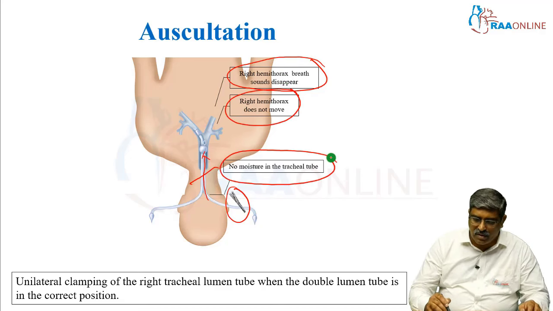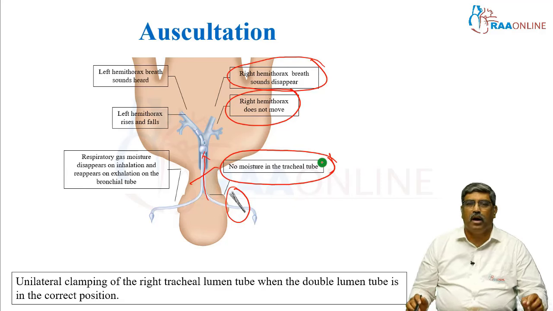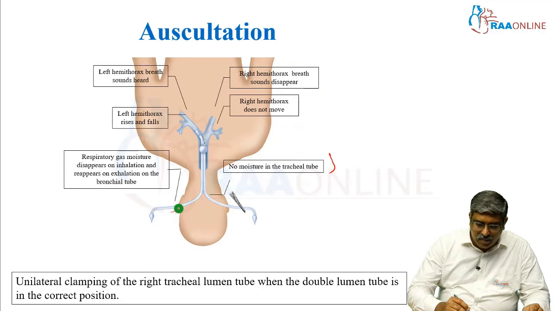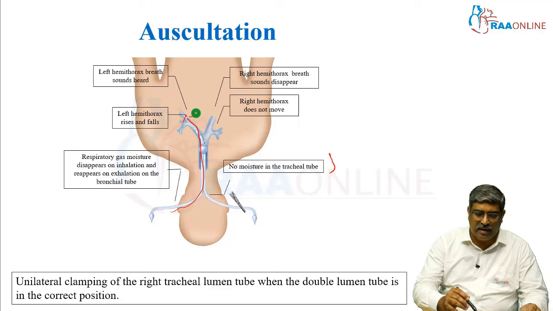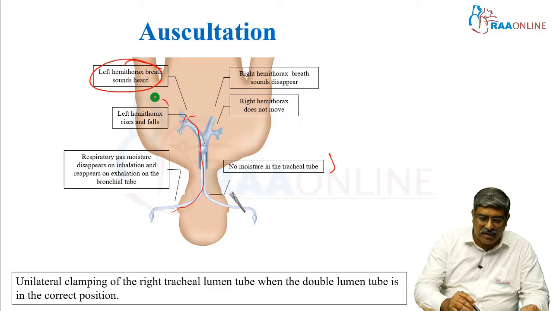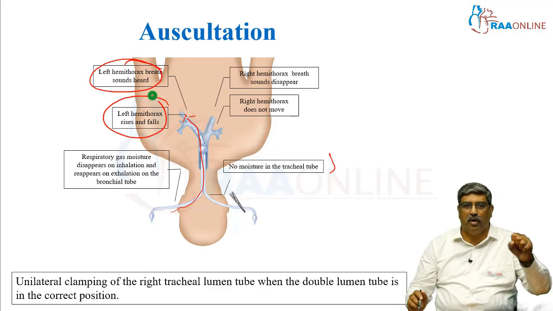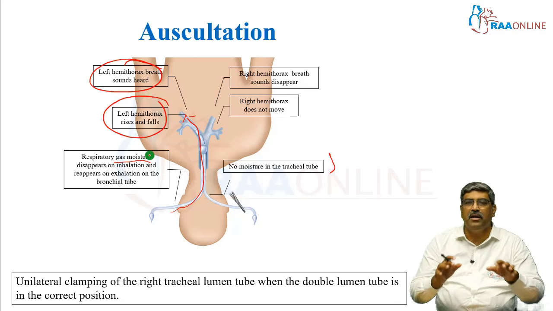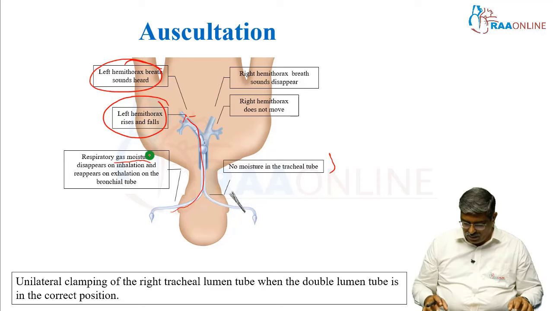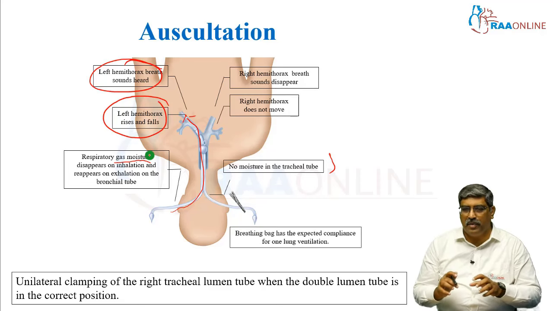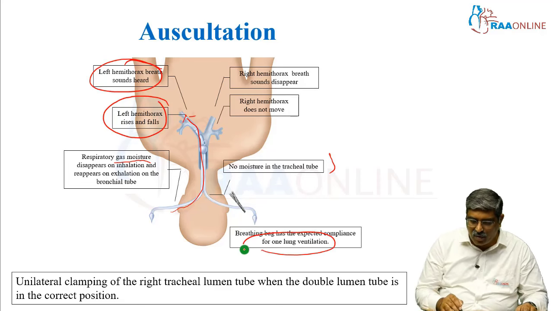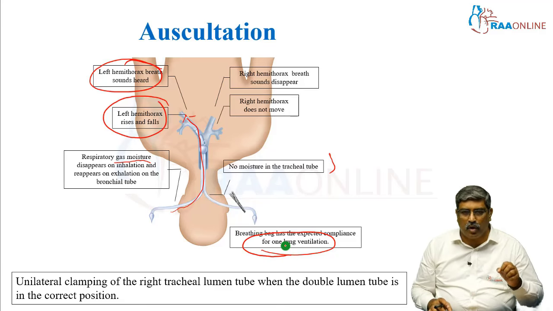There is no moisture in the tracheal tube. On the other hand, as the bronchial lumen is ventilated, there is left-sided air entry. The left hemithorax rises and falls, and the moisture can be seen on the bronchial tube, and there is going to be the expected compliance for one lung ventilation through the bronchial lumen.